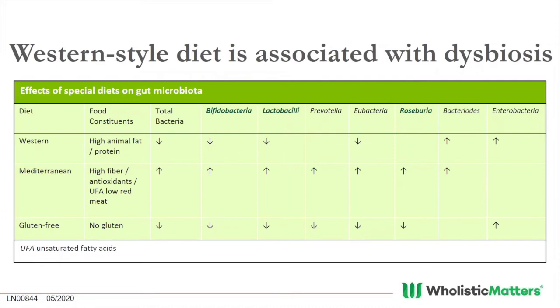Moving to what you would look at as a healthy diet, a Mediterranean diet. It has so much great data for how it's protective to all sorts of non-communicable conditions. The Mediterranean diet is high in fiber, antioxidants. It doesn't have too much red meat.